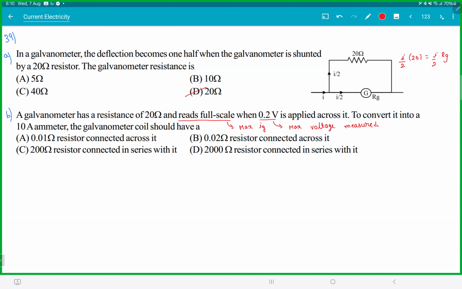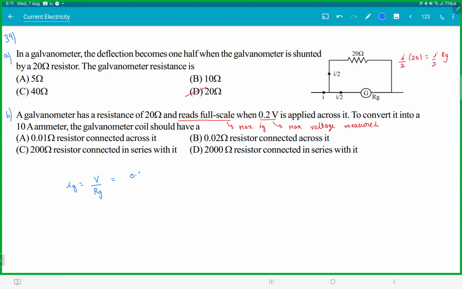Okay, I think most of you did get B. Try others. I'll give another 20-30 seconds. So indirectly it is saying IG times RG is the voltage across it.